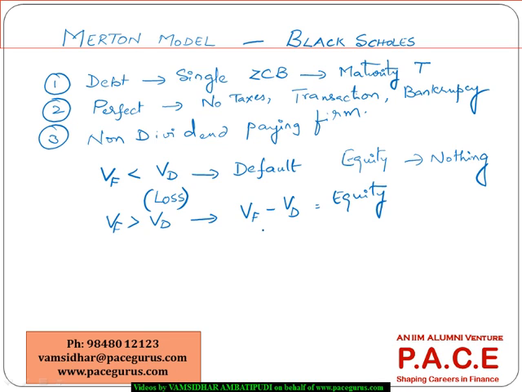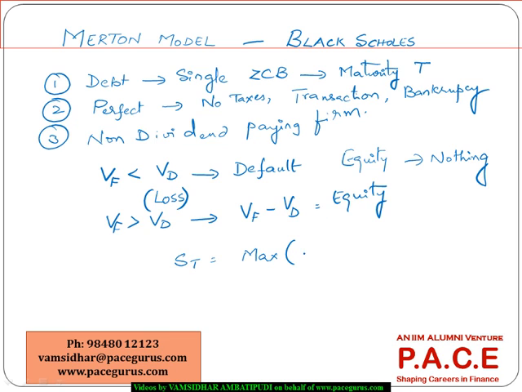Whereas in this case, the debt investor will receive everything, the whole principal, whereas the equity investor will receive the balance, which is exactly similar to the payout of a call option.